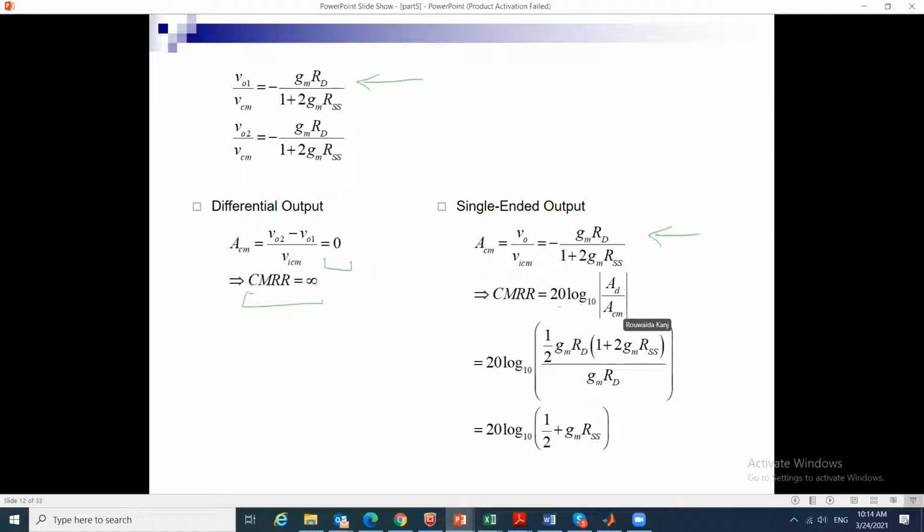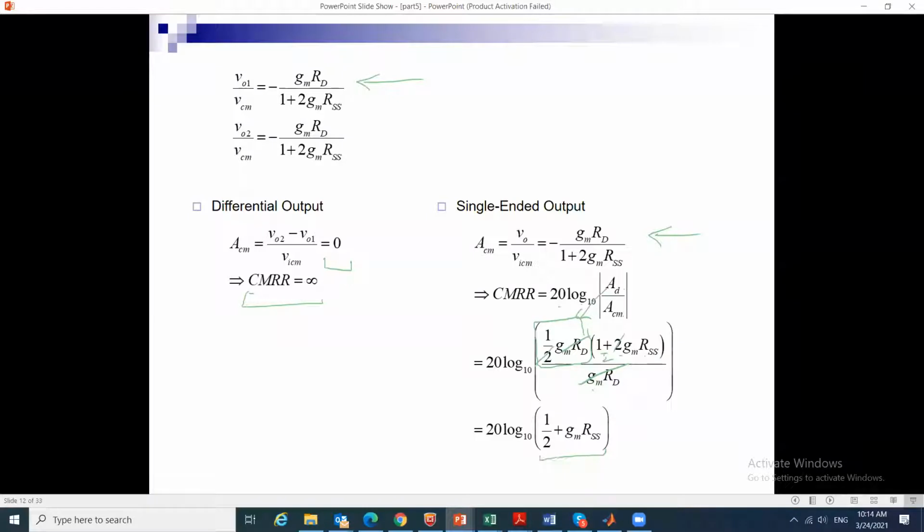So this is AD, the half GMRD, because I'm going to take absolute value anyway. And over ACM, this is GMRD over 1 plus GMRSS in the numerator. So these two will cancel and we multiply the half into this. So I get half plus GMRSS.